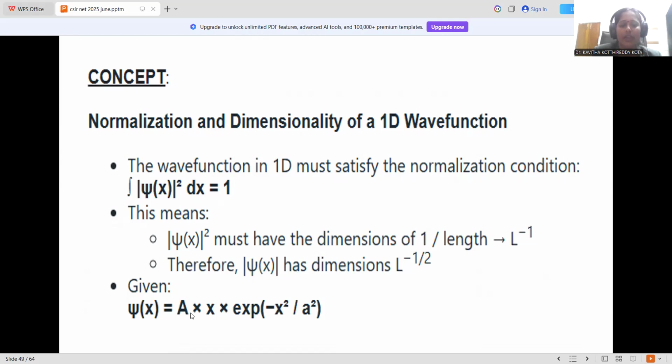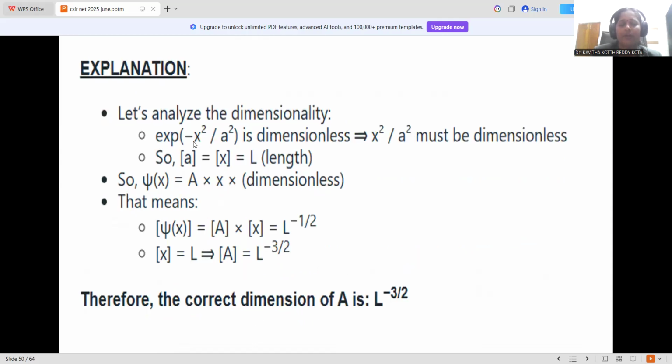So here is the term for psi x. Psi x is equal to A into exponential minus x squared by a squared, right? Here, exponential minus x squared by a squared is a dimensionless quantity, because x squared by a squared is dimensionless. So here a is equal to x is equal to length. That is the dimension for a and x as well.